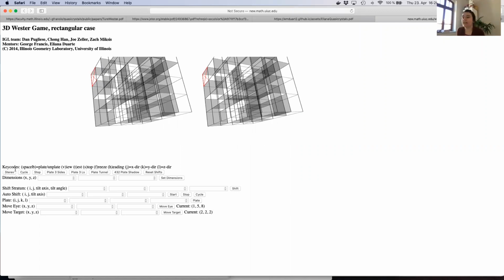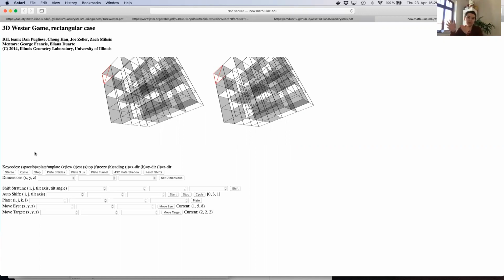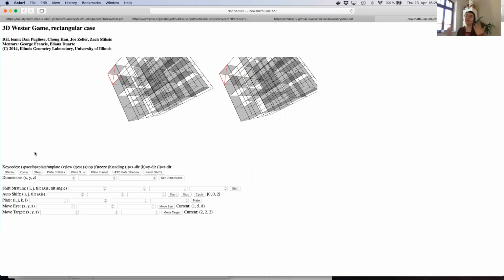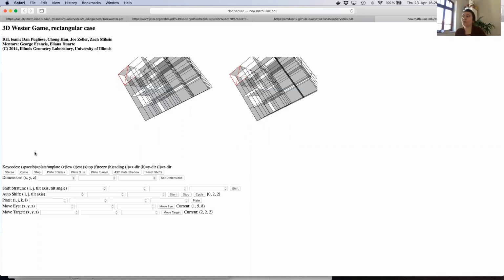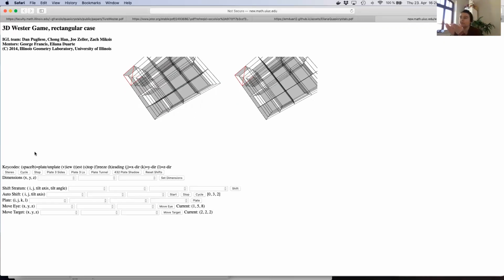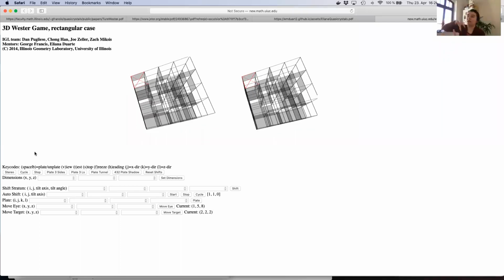And when we again try to cycle along all the shears of the strata, what we see is that the framework rotates as one piece.